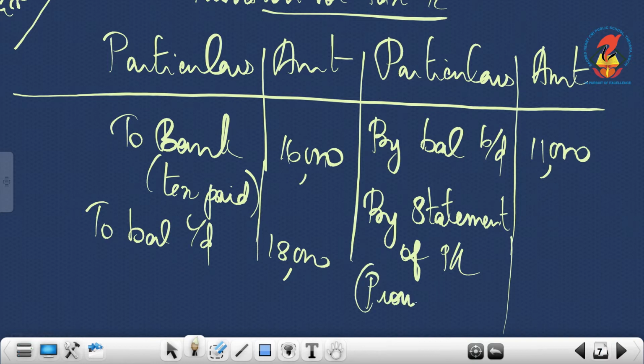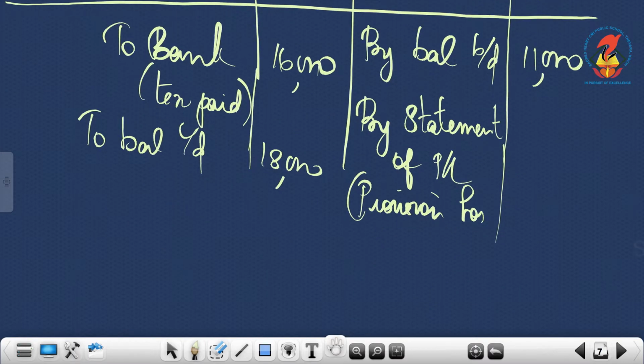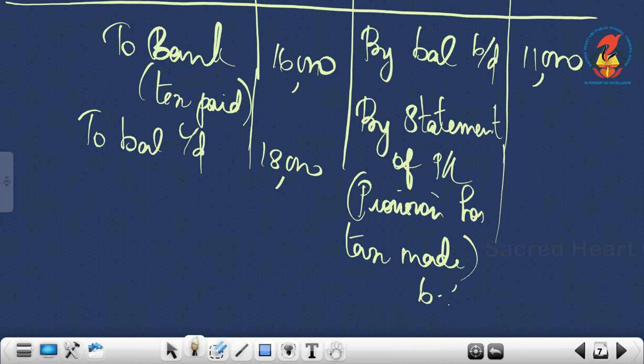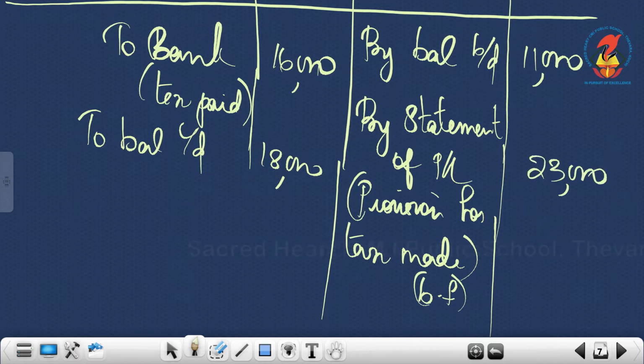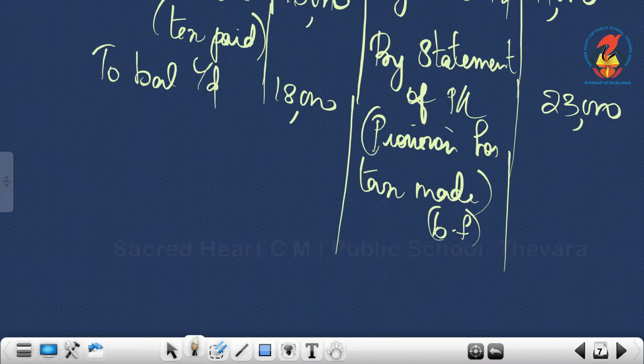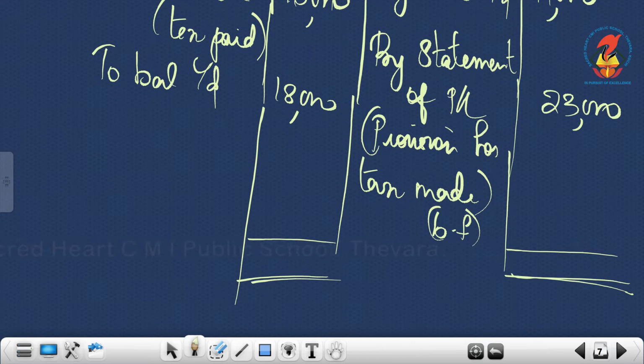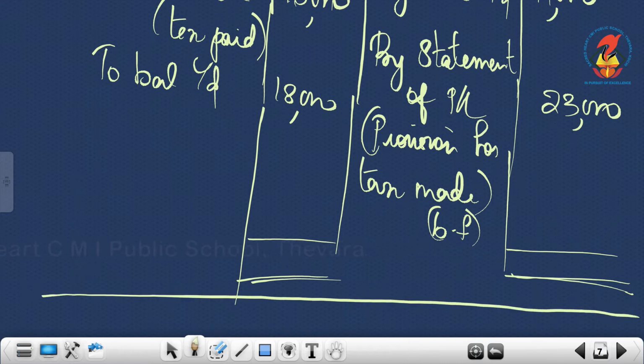This is the provision for tax made. This is the balancing figure. So balancing figure you just compute, that is 23,000. Close the ledger. 34,000, that's the total.